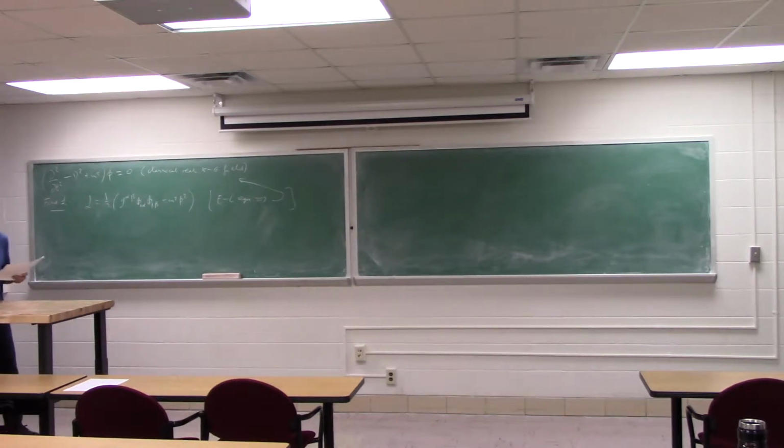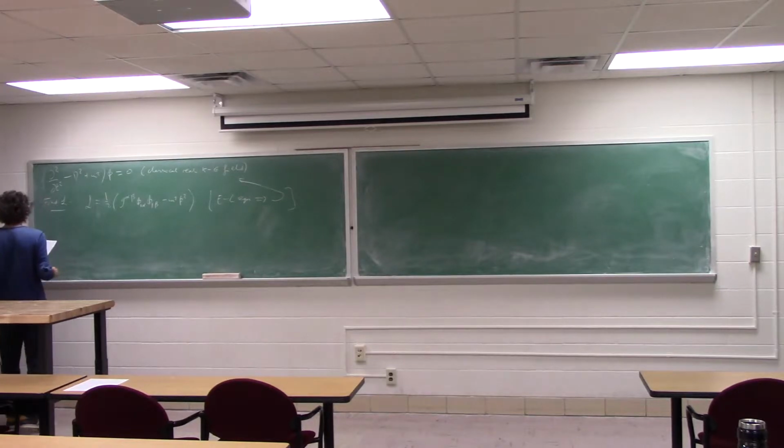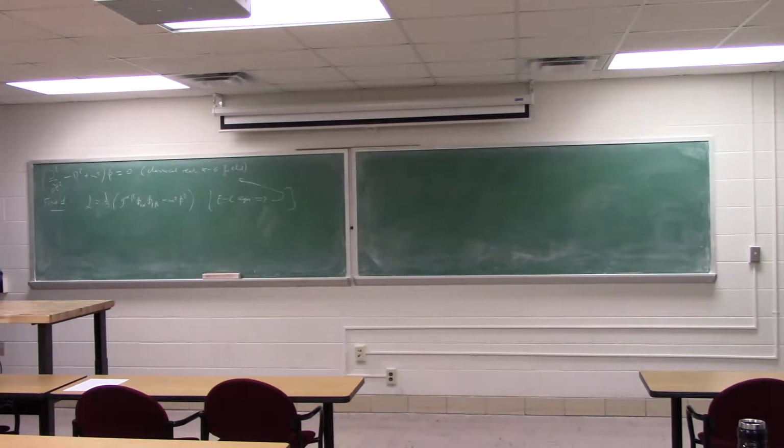Okay, so you found a Lagrangian. This is the Lagrangian for the Klein-Gordon field. So what do you do?